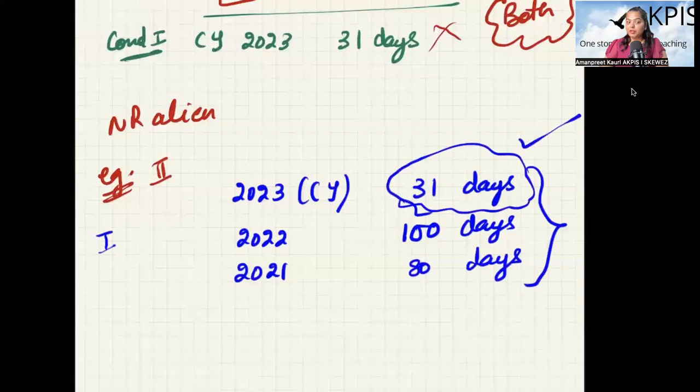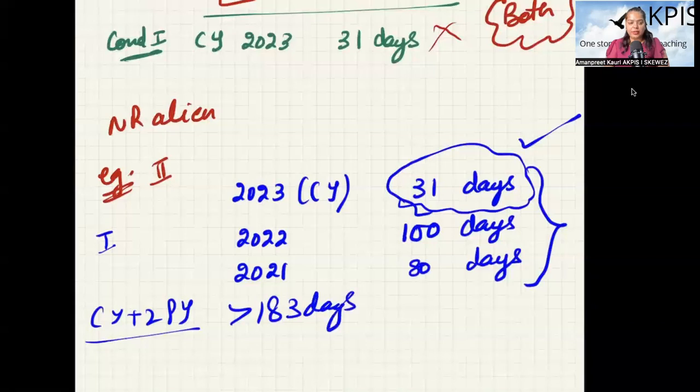Now it becomes mandatory to check condition number 2, because both conditions need to be satisfied. The second condition is current year plus 2 previous years, at least 183 days or more, right? So if we add all these days, it's more than 183 days. So he's a resident alien, right?